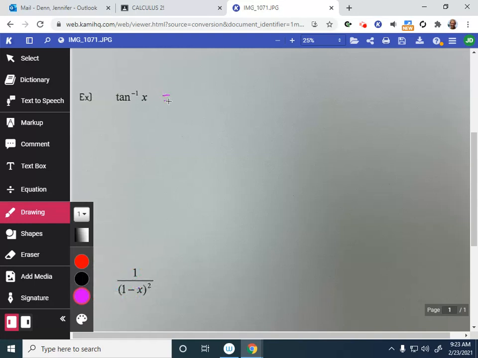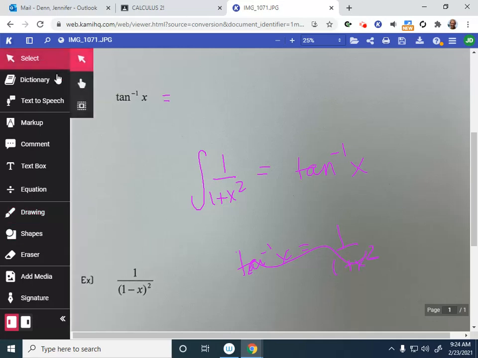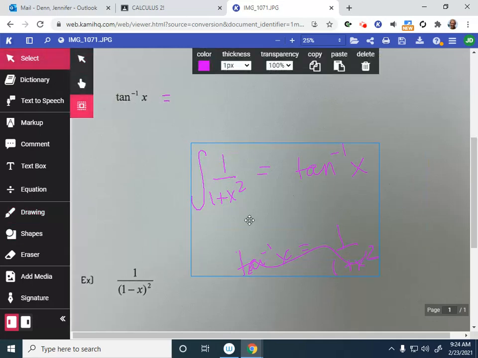I do not know the series for that, but I do know that the integral of 1 over 1 plus x squared is arctan. Do you remember that? So what's the derivative of arctan? The derivative of arctan is 1 over 1 plus x squared. So the integral of 1 over 1 plus x squared is arctan. So I have a starting spot.